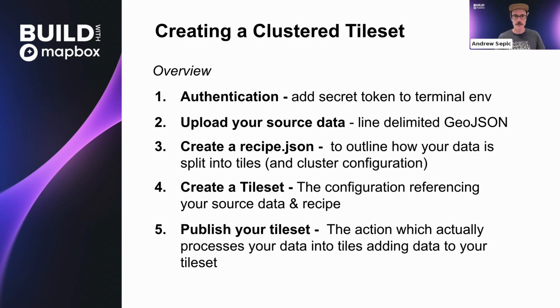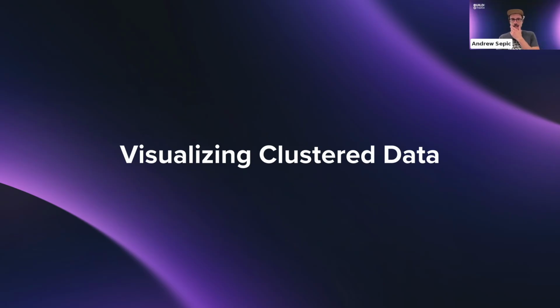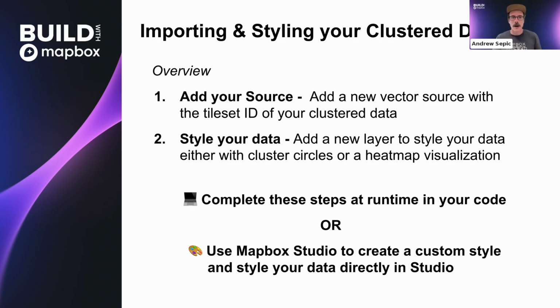Okay, so we've gone through these steps. Now visualize and cluster data. We are going to add a source, which is going to reference the tileset that we just created, and then we're going to add a layer to style our data and to actually paint on the map the different representations for those clusters.